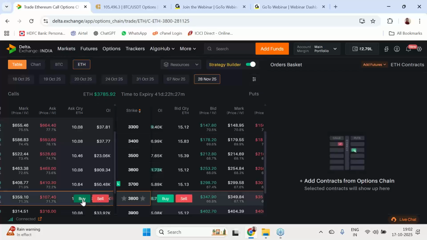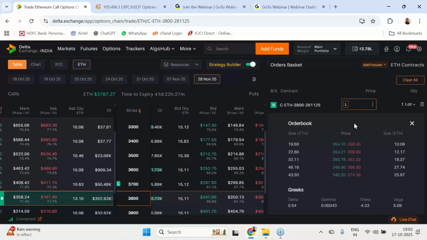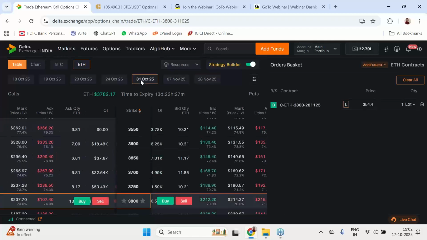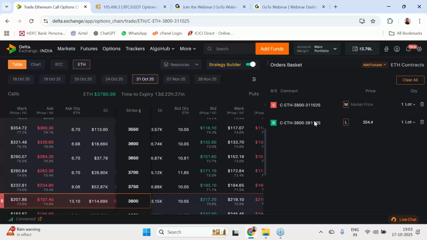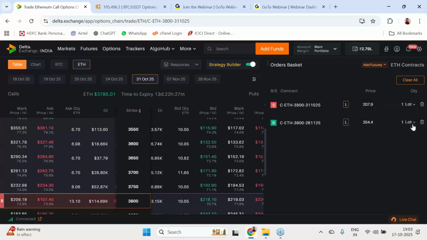Suppose I am buying this 3,800 call option at whatever the price, and same strike on the previous monthly contract, 3,800, I sell for the month of October, at the rate of say 207.